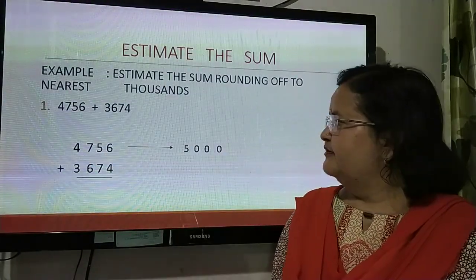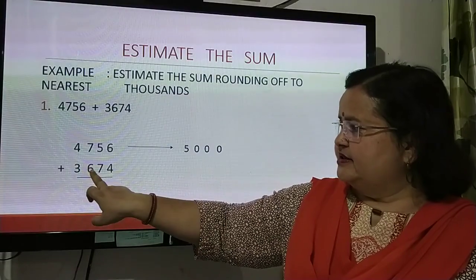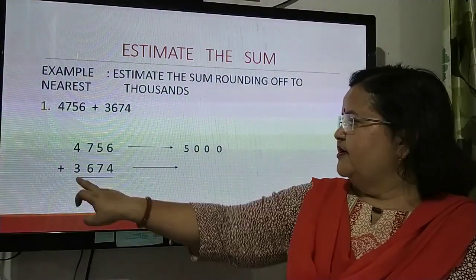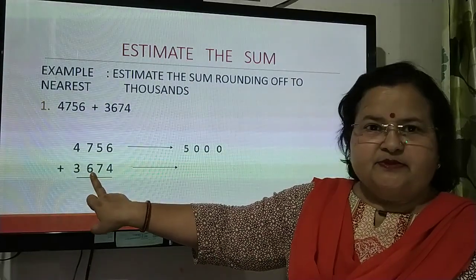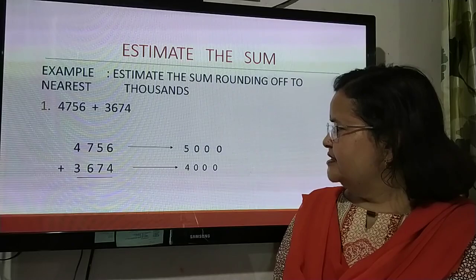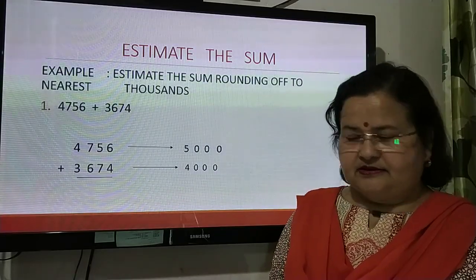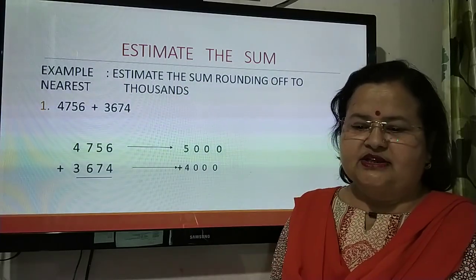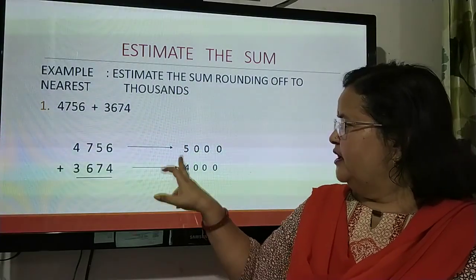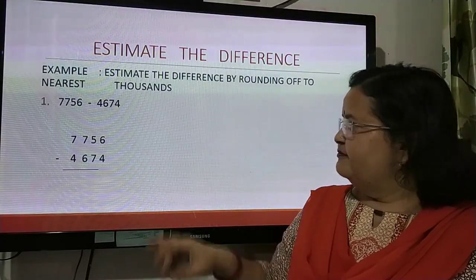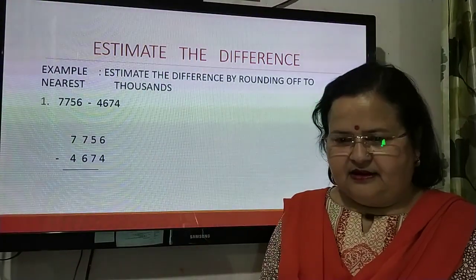This will become 5000. Similarly, 3674, when we round it off, 3000, since the next digit is bigger than 5, the 3 gets converted to 4 and our answer will become 4000. And now we will find the sum of these two numbers. That means we are going to add them. And after addition, 5 plus 4 will give you 9000.